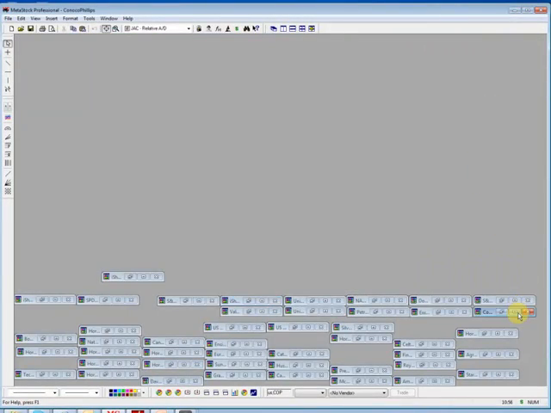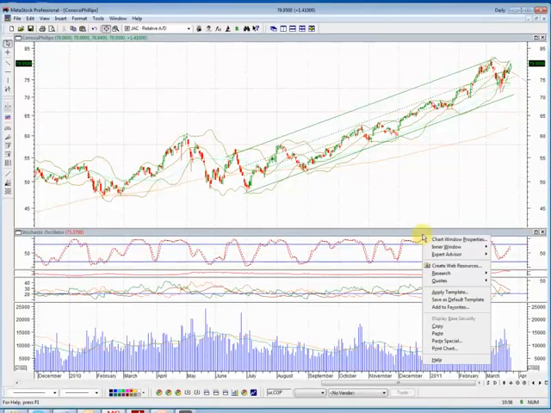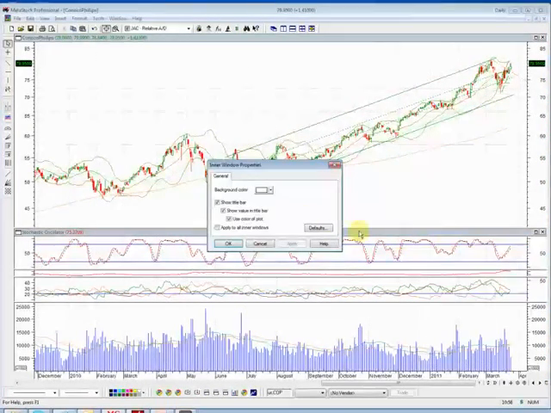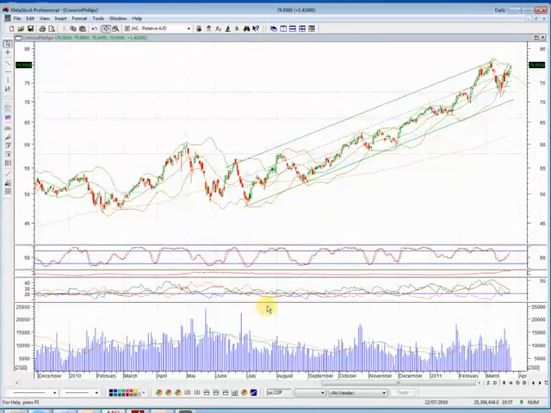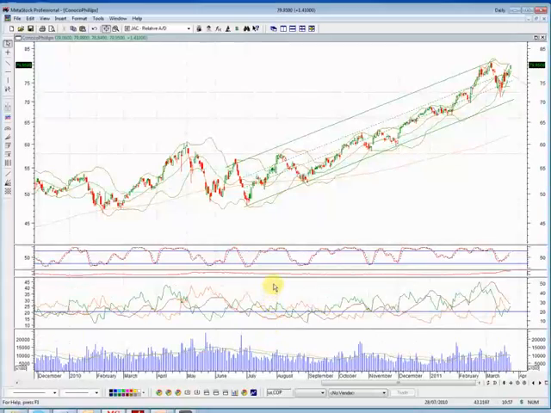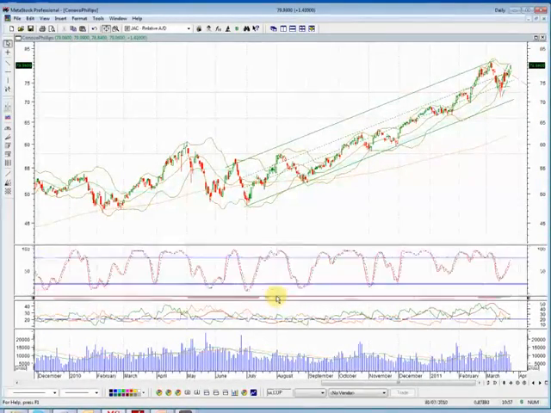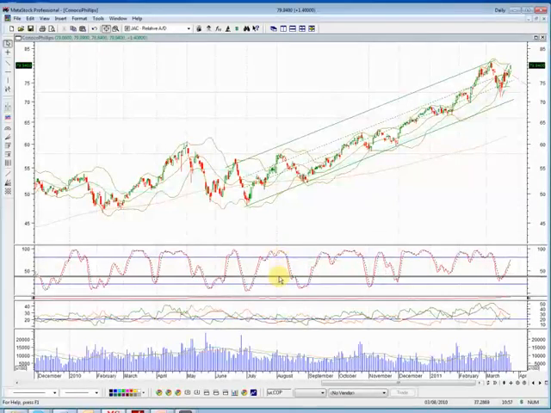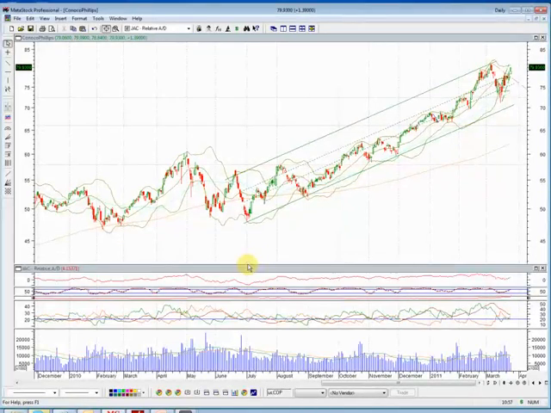One stock that I've been mentioning, and it's a stock that is finding a lot of strength and has been trading higher and higher for quite a while, is ConocoPhillips, and we are trading higher. Let me put this indicator here.